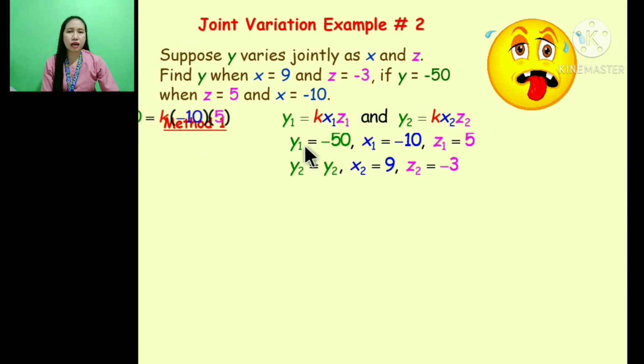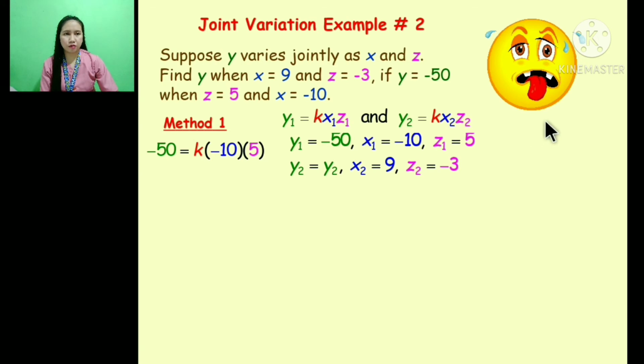Let's get y sub 1 is equal to k times x sub 1 times z sub 1. So y sub 1 is negative 50, x sub 1 is negative 10, and 5 is the z sub 1. We're going to find the constant.